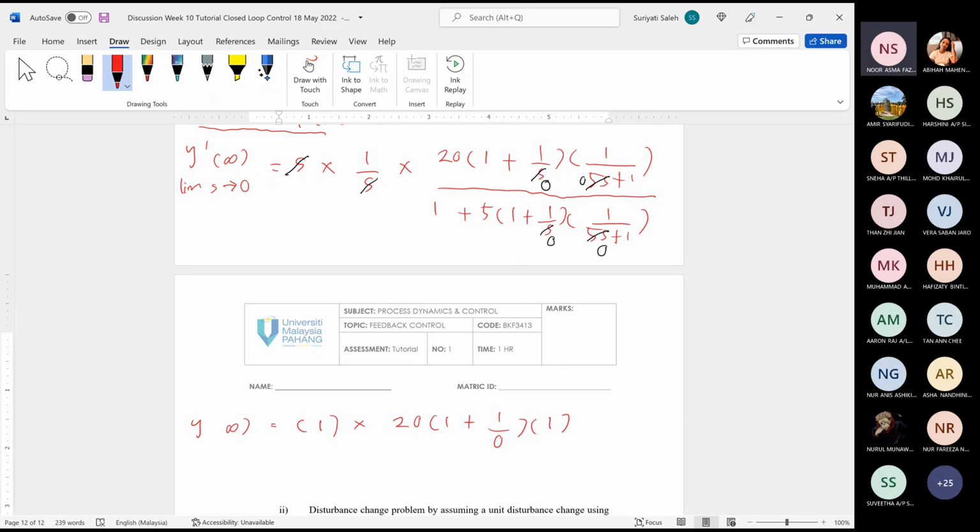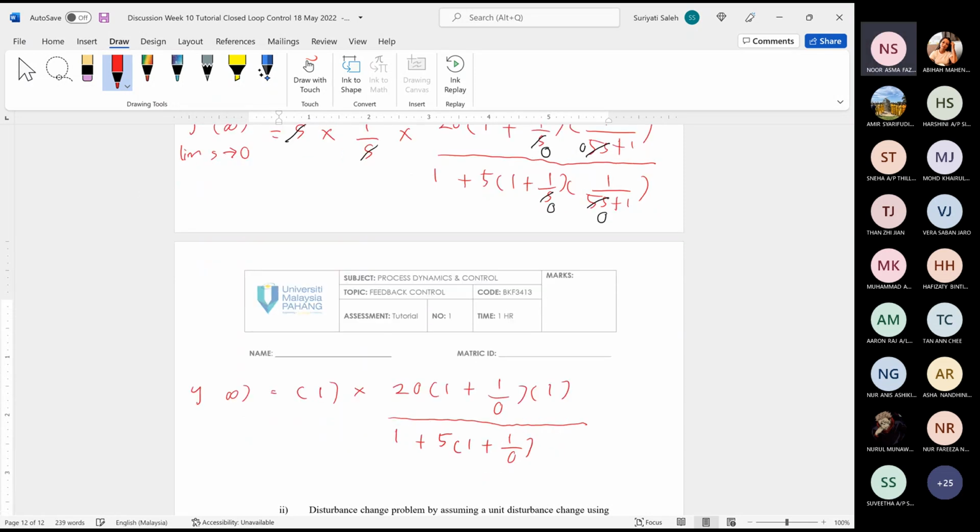So 5s becomes 0. 0 plus 1 is 1. 1 over 1 is 1. Divided by 1 plus 5. 1 plus 1 over 0. Multiply with 1. So this is after we substitute the value of s with 0.